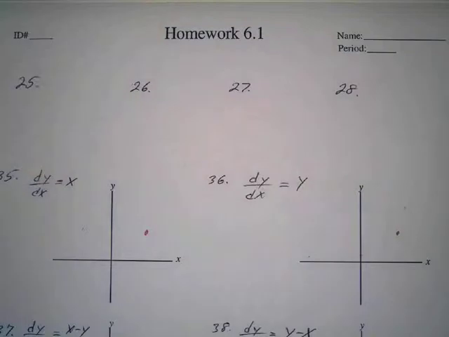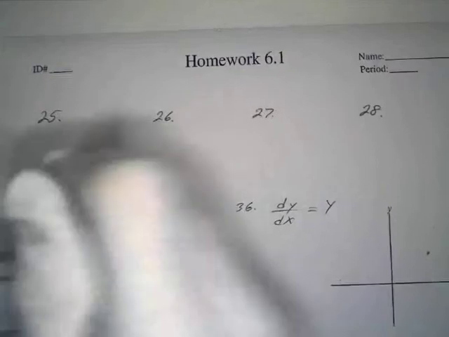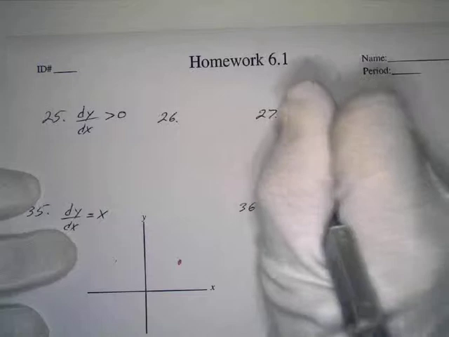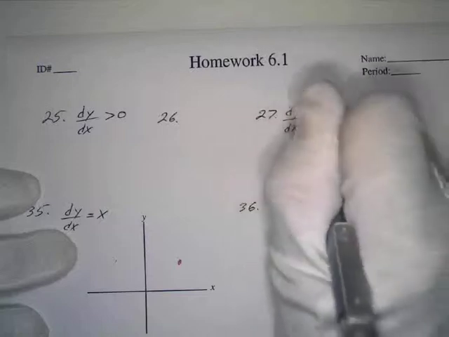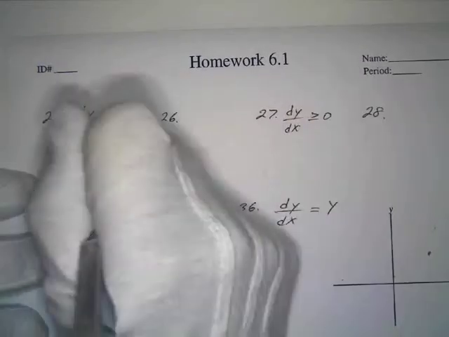So let's take a look at those. How would you write that by using your analysis? Well, for 25 and 27, you'd say that dy/dx has got to be greater than or equal to 0.